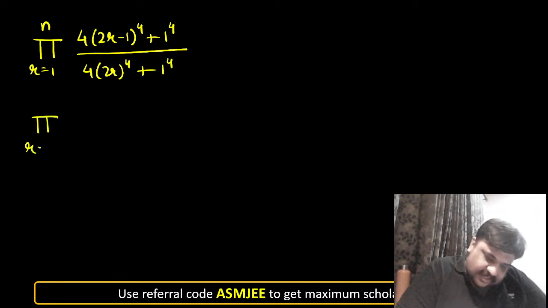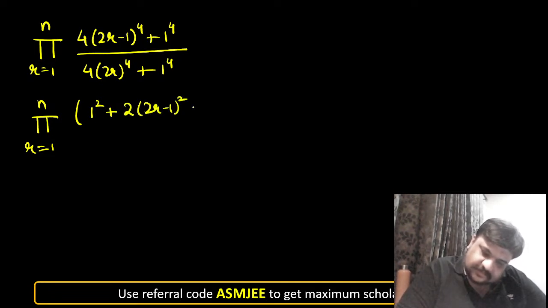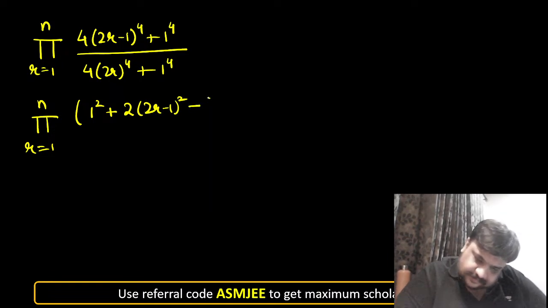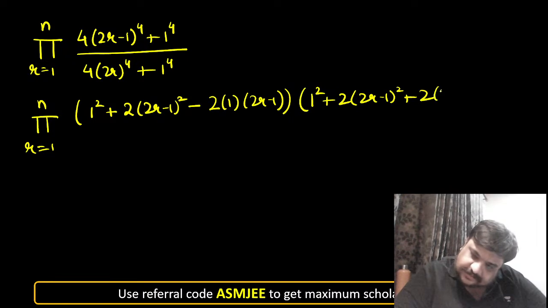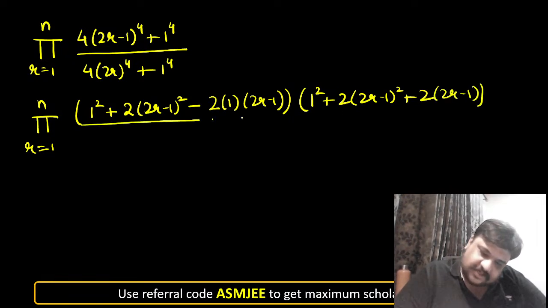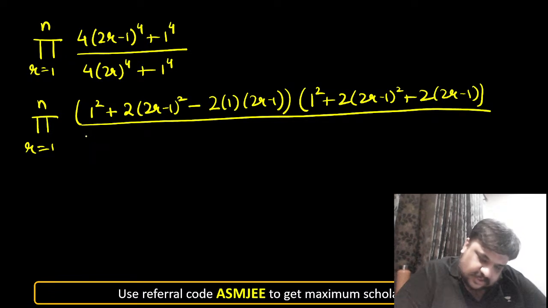It can be rewritten as product r equal to 1 to n of (a square plus 2b square minus 2ab) into (a square plus 2b square plus 2ab). So the upper term has two factors. The lower term will also have two factors.